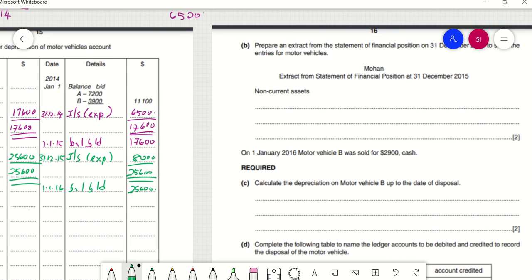So you can write the non-current asset is motor vehicle. The cost of the total non-current asset was 40,000. And the accumulated depreciation that we had calculated for this year is 25,600. Deduct it and then you would find the net book value.